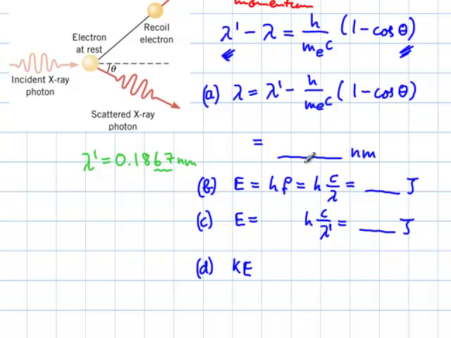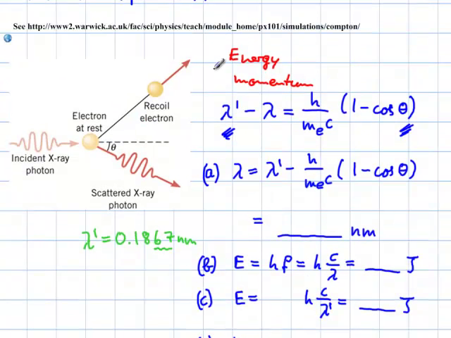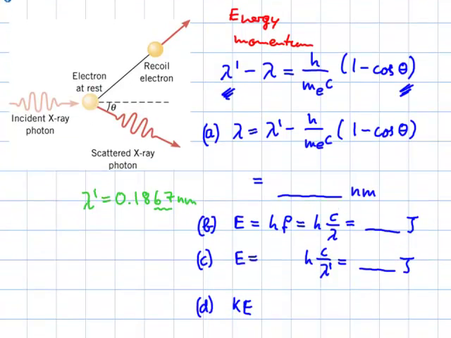But, of course, with the conservation of energy, just out of the picture here, conservation of energy means that the energy of the photon that comes in equals the energy of the scattered photon plus the kinetic energy of the electron. So kinetic energy of the electron is the energy of the incident photon minus the energy of the scattered photon. And I guess I could have written here E prime. There we go. And both of these are in joules, so this one here is in joules as well.